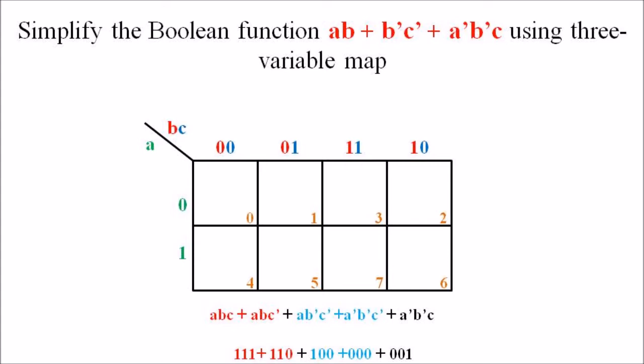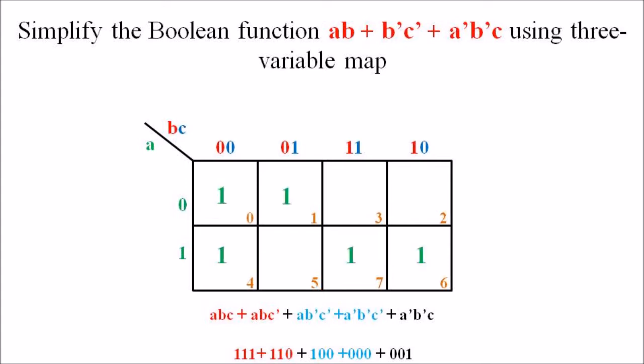And in the next step, what we have to do is represent the min terms on this K-map. That is, we have to represent the min terms 0, 1, 4, 7 and 6. So we are representing 1 on these positions.